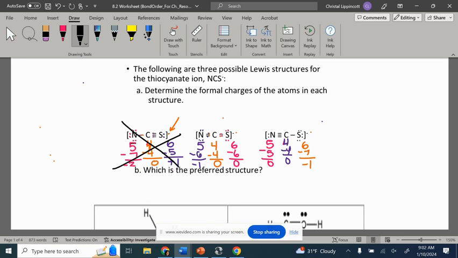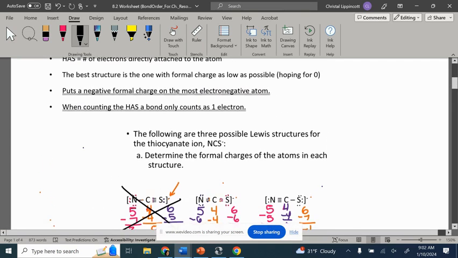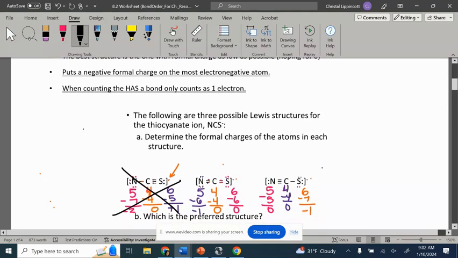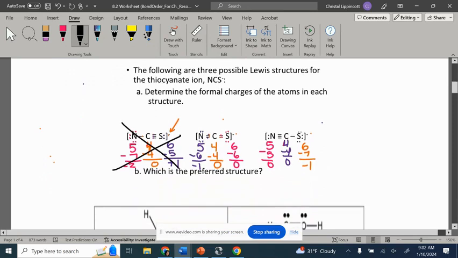Now we need to figure out which one of these is best. If we go back to here, we can see that one of our double underline really important points is that the negative charge is going to be on the most electronegative element. And you would have to be given a chart of electronegativities to be able to figure that out.